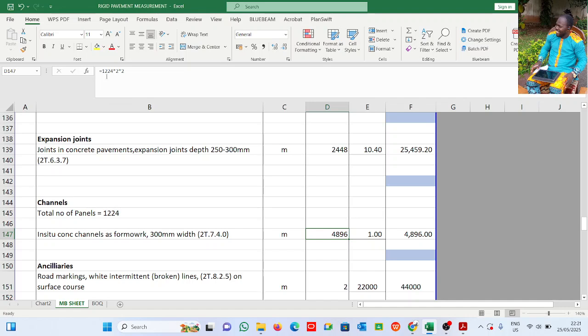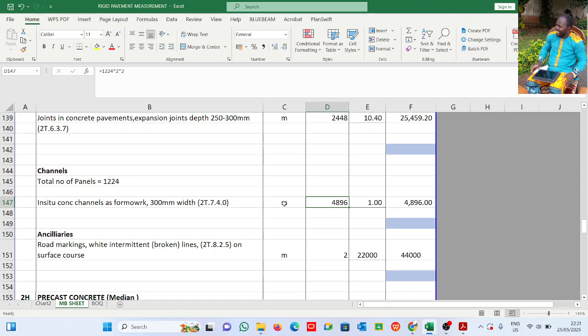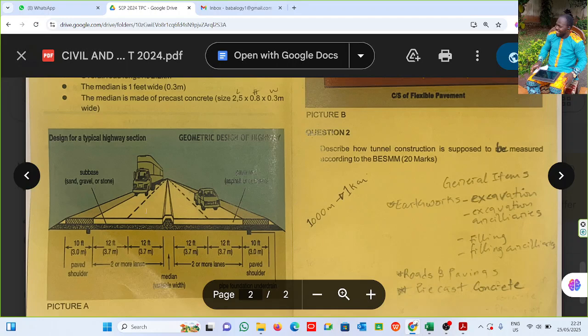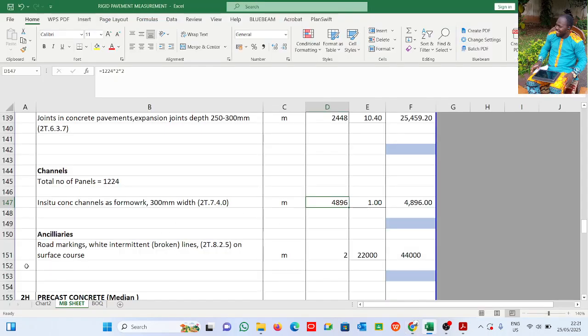Now you can see here 1224 times 2 times 2 again to cover for both sides of the road divided by the median. See what I'm saying here? All right, this is the road, this is the median. So we have one side, we have the other side. So the concrete ancillaries, this remains the same thing.